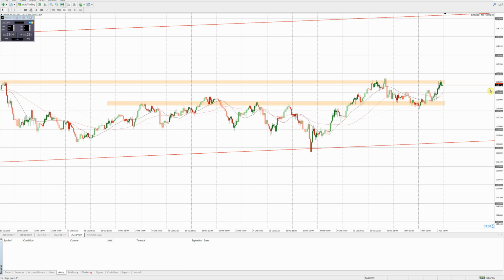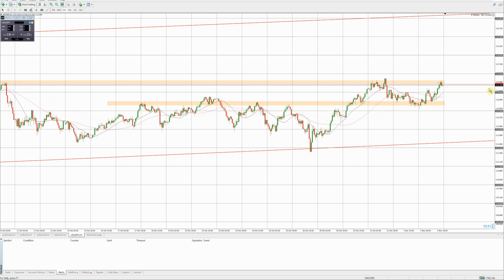Let's see if it finally breaks through the 1.0 level, or if not, then I'll be looking for some shorts again and see if it returns back to its support levels at around 0.97 or so.